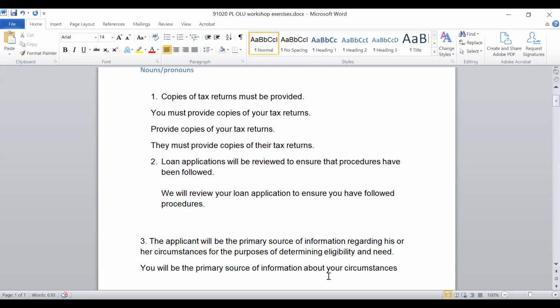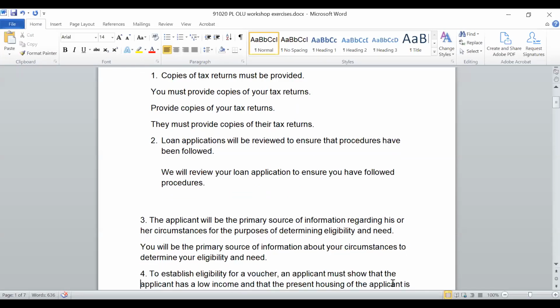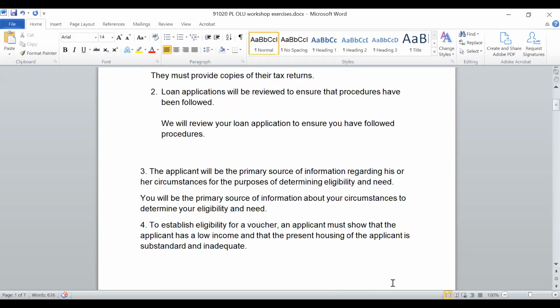This is a hidden verb. We've got for the purposes of determining, and I'm just going to make that to determine your eligibility and need. That is just trying to make things a little bit more straightforward for people who are receiving. Because if it's in passive voice, that means unnamed subjects, and you can really confuse your reader.